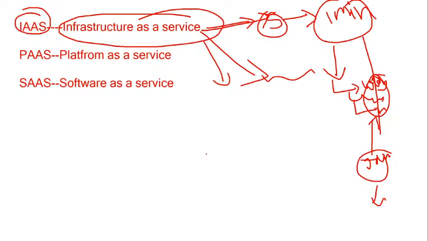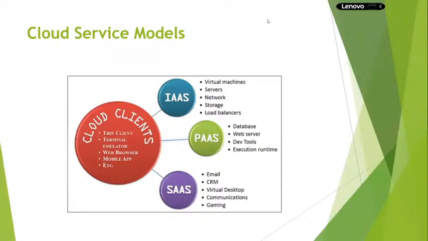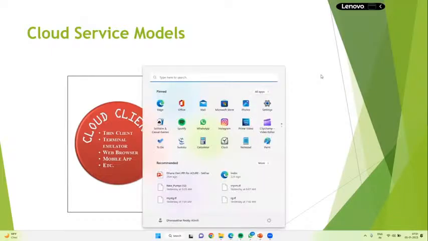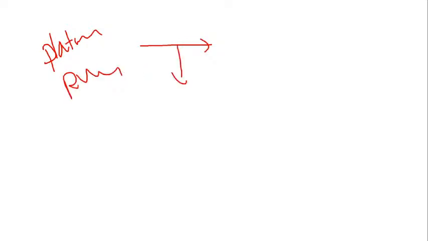Next, platform as a service. What is platform as a service? Any idea? The name itself describes it: they are providing the platform and runtime. For example, you have to deploy one Java application and the Java code is ready with you.